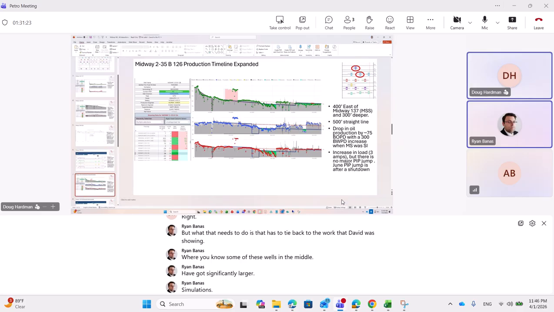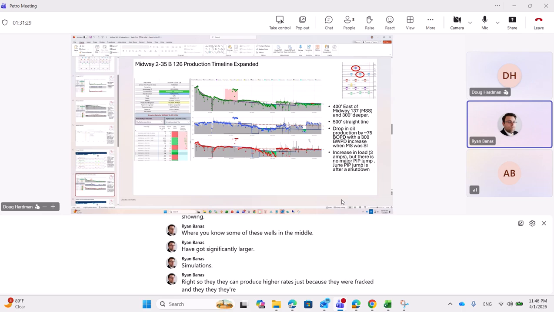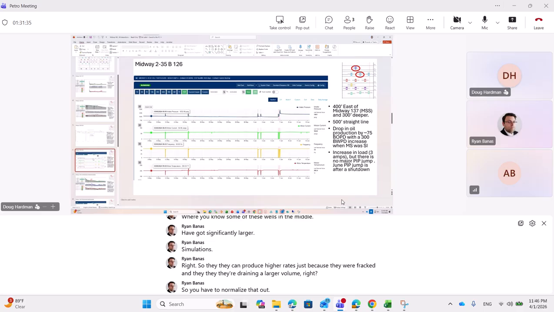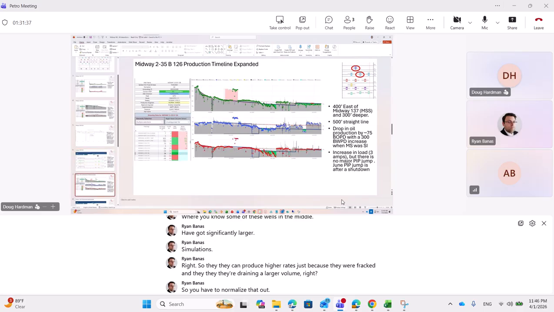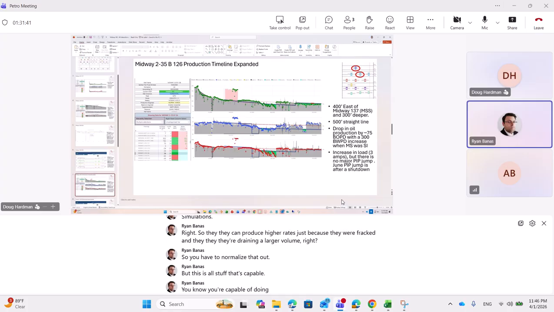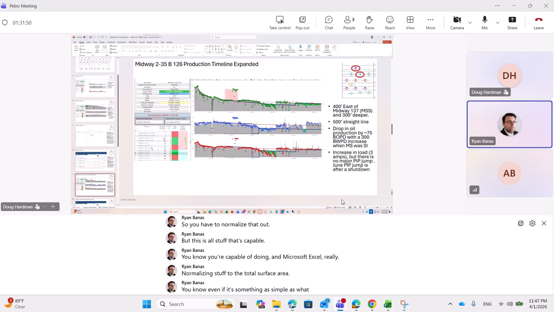So they can produce higher rates just because they were fracked and they're draining a larger volume, so you have to normalize that out. But this is all stuff you're capable of doing in Microsoft Excel, really. Normalizing to the total surface area, even if it's as simple as what David showed.